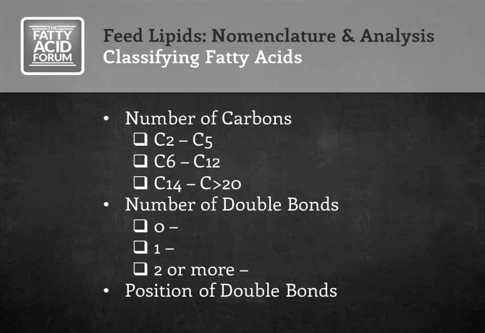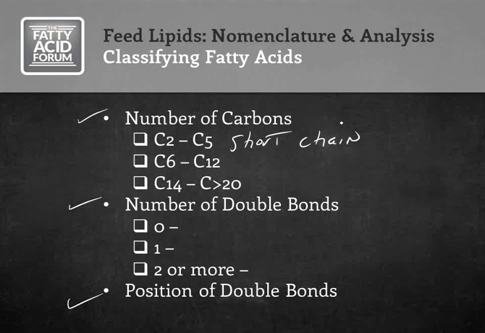Now, how do we distinguish between what could be hundreds of different fatty acids in the tissue of the animal and the milk? Even though the feed may contain 8 to 10 common ones, milk can contain hundreds of fatty acids. And we distinguish between them based on the length of the carbon chain, the number of double bonds, and the position of these bonds.